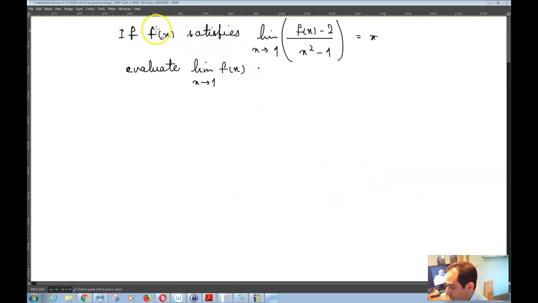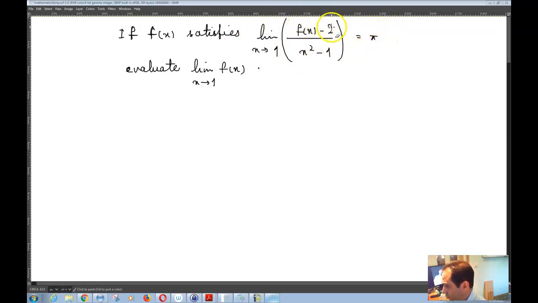so since f of x satisfies this equation, that means that the value of this function at x equal to 1 is equal to pi.